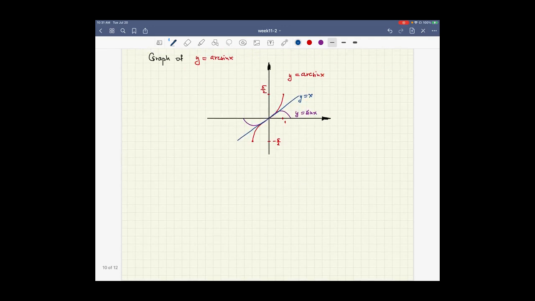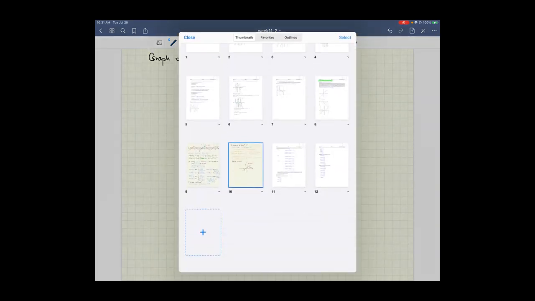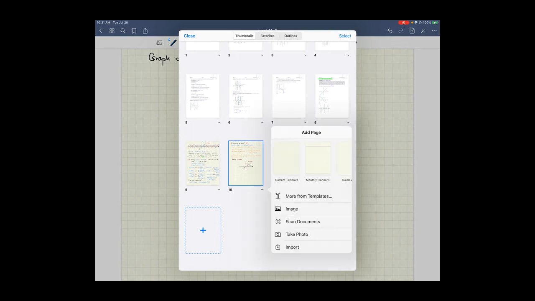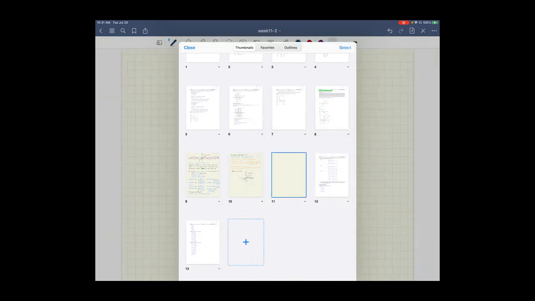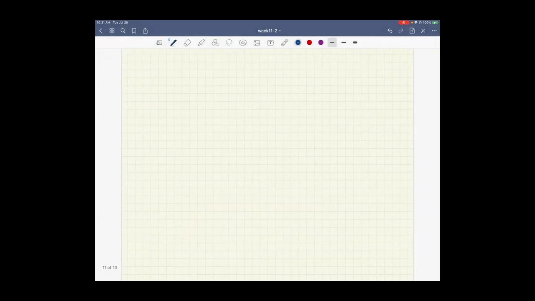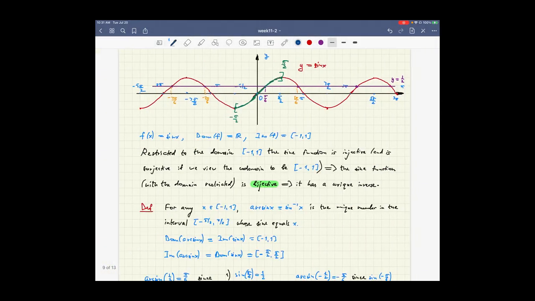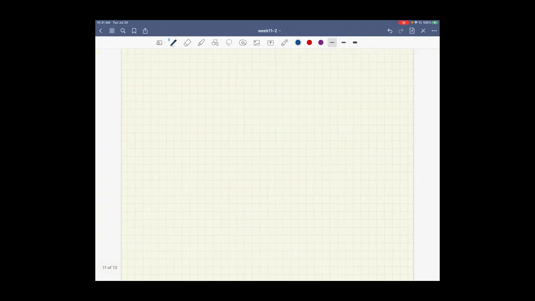All right. So that is about arcsine x. Now we can do the same analysis for arc cosine x. Let's start with the graph of cosine x.